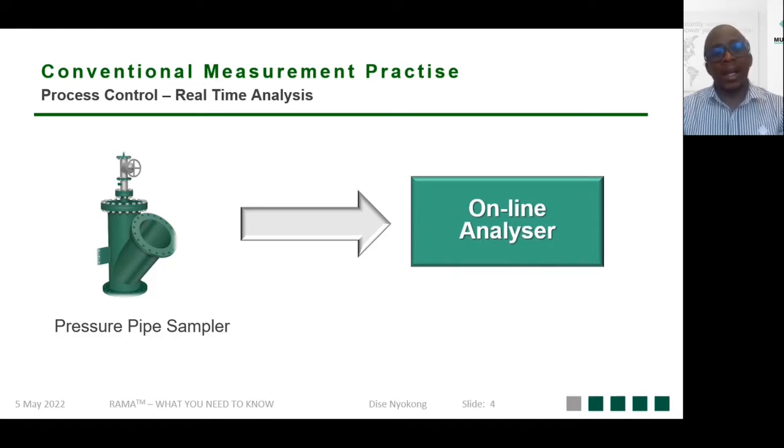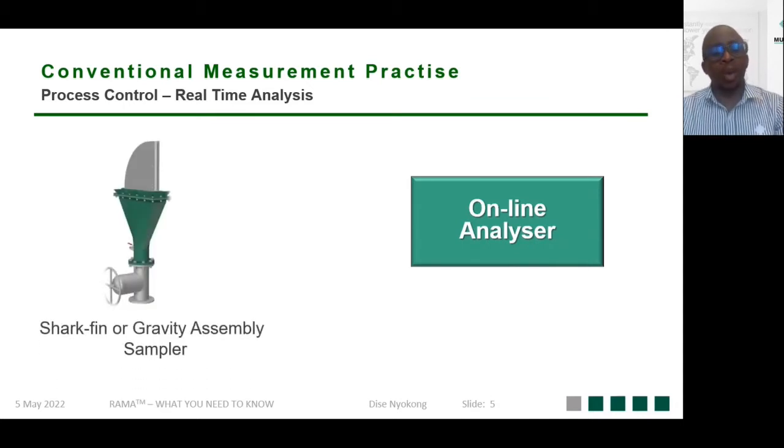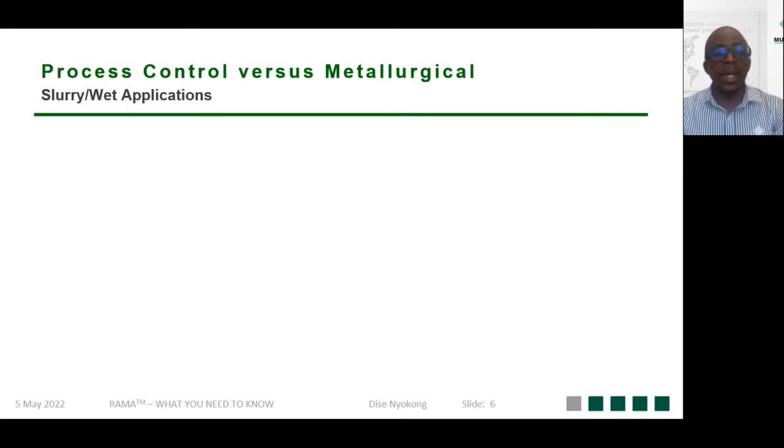Normally you have a pipe and a probe inside your pressure pipe sampler that extracts a continuous sample to the analyzer. Second, under gravity, it's what is referred to as a shark fin, and others refer to it as a gravity assembly sampler. That also feeds an online analyzer, but specifically for gravity applications.